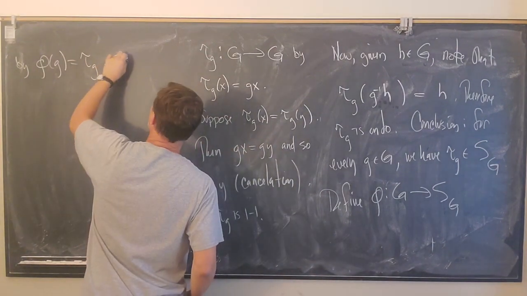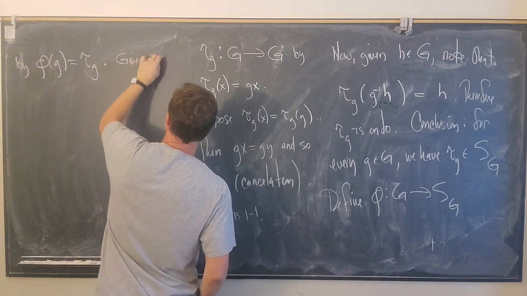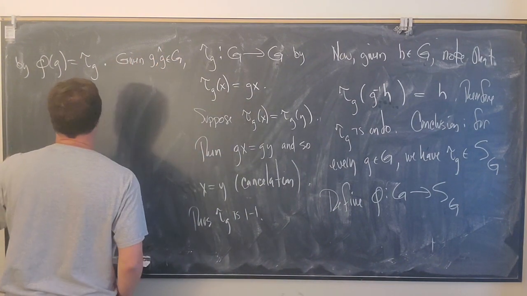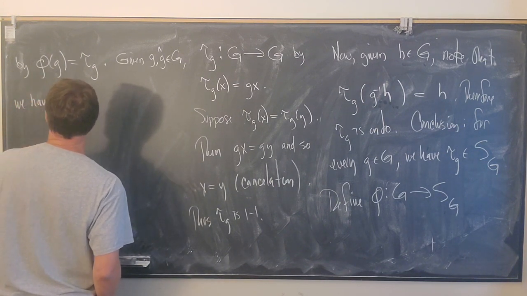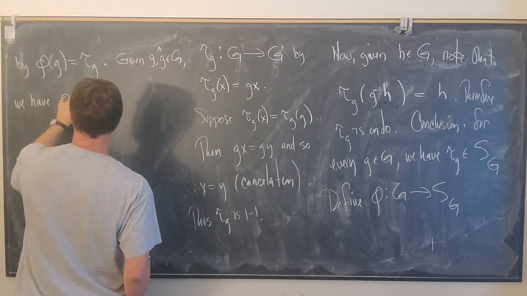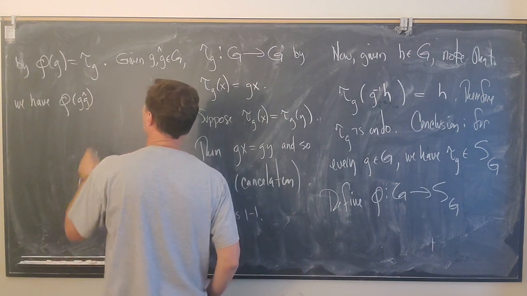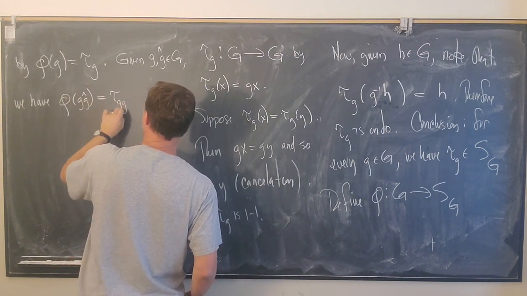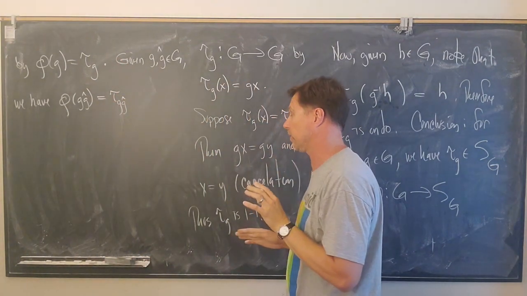So given, let's say g and g hat in capital G, we have phi of g times g hat is equal to tau sub g g hat. That's the formula.